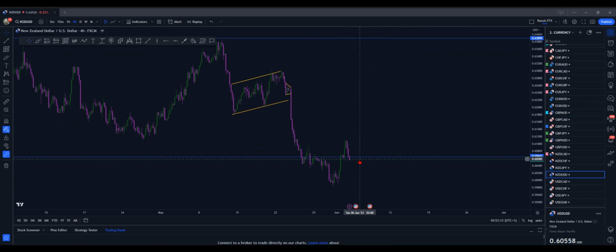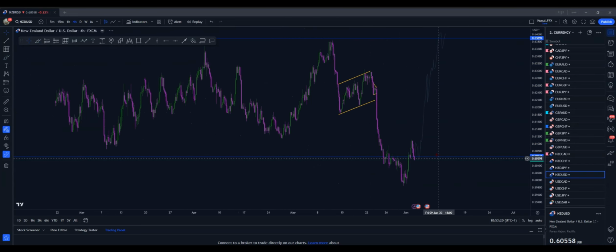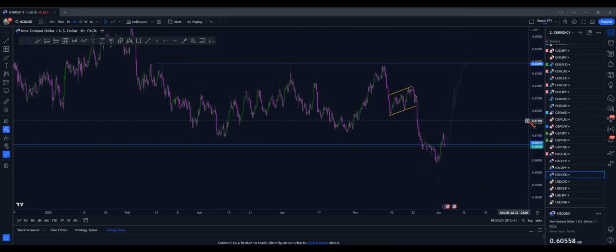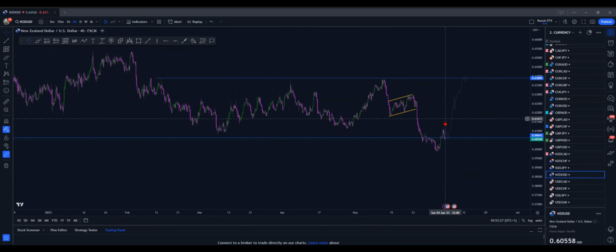We might possibly get a flag here before we just aggressively move up. So we might get something like this, and then it comes back down, and then next thing you know, we're just aggressively moving upwards. So I've seen that happen quite a few times, to be honest, and there's no entry at all that meets this strategy in this way because of how aggressive it is, but the entry was here.